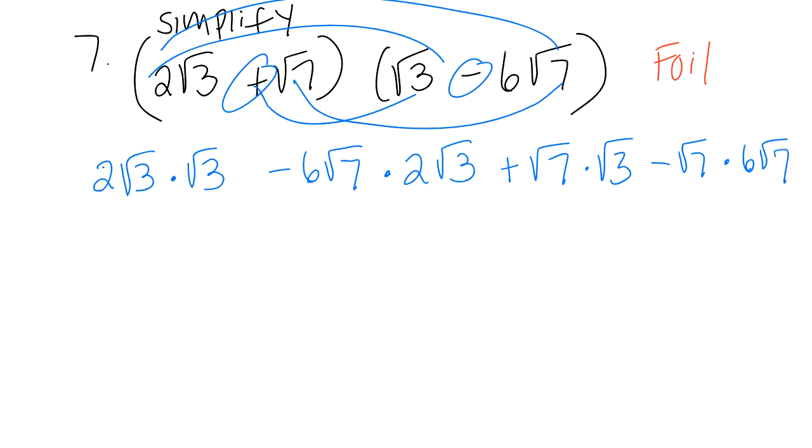So now I just need to simplify. Here I know radical 3 times radical 3 is a radical multiplied by itself. It's just the number that's inside. So that becomes 2 times 3, which is 6.